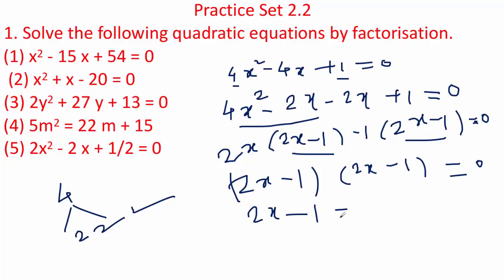Both factors are same. Therefore, we will get similar roots. 2x minus 1 equal to 0. This gives 2x equal to 1 and x equal to 1 by 2. And second is also x equal to 1 by 2. Therefore, roots of this equation are 1 by 2, 1 by 2.